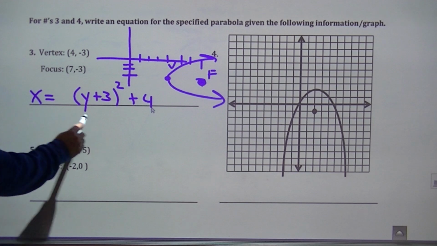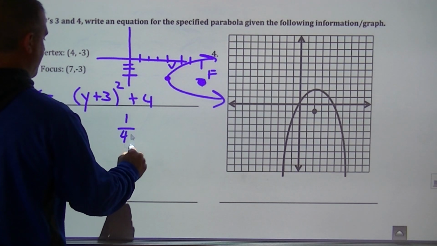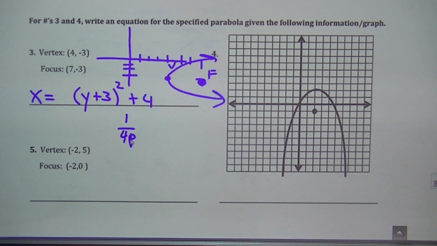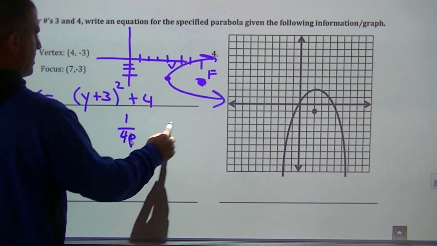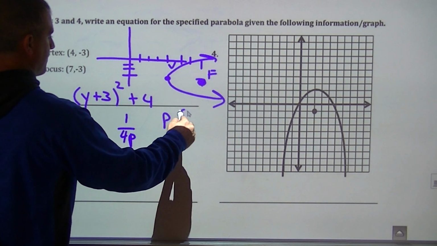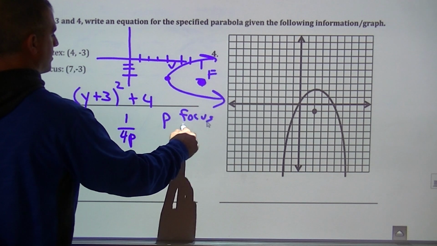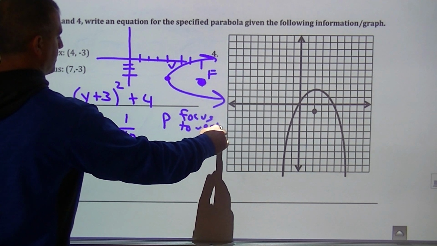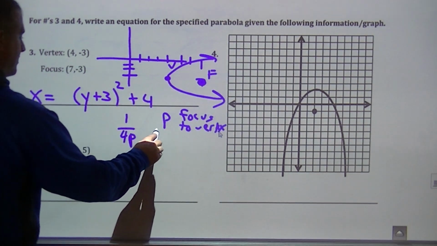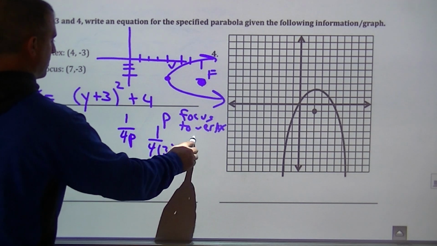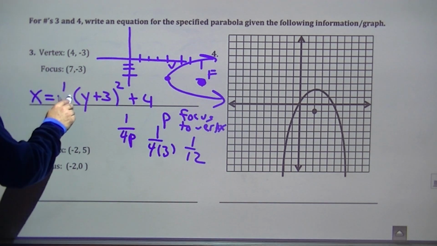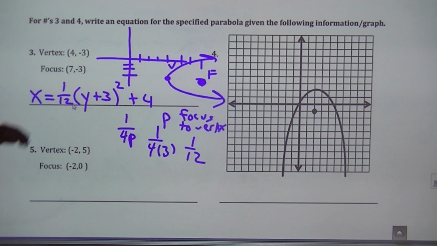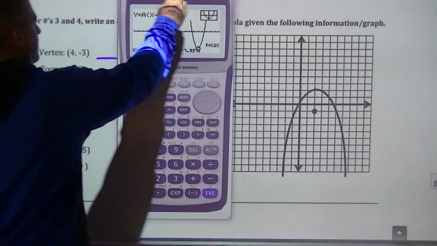Now, to get this part, that's 1 over 4p. Okay? So what I want to do is the p represents the distance from the focus to the vertex. So that's 3 spaces. So that's going to be 1 over 12. Okay? And you can confirm a couple of things here.